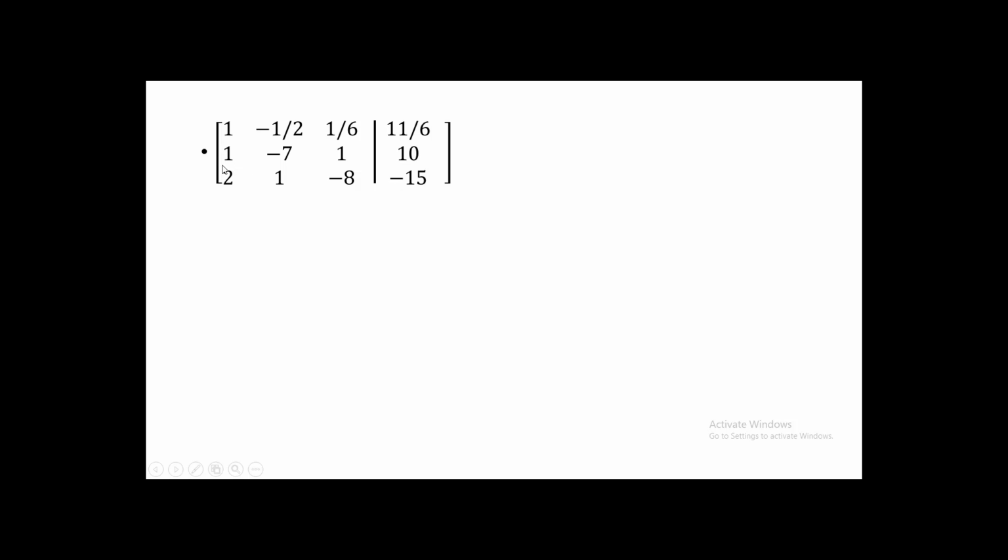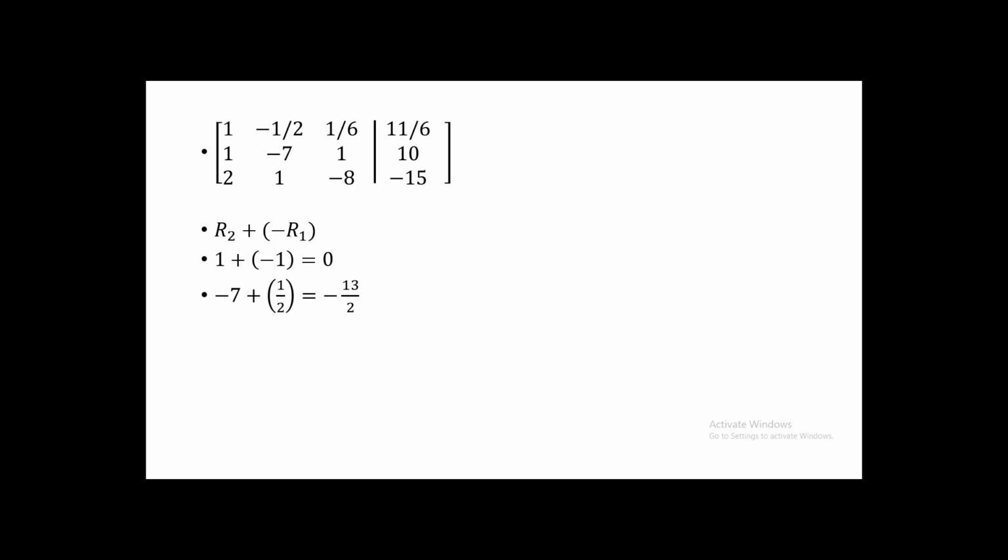This number should be 0, this number should be 0, so we need to apply some operations in order to make them 0. First, to make this one 0, the operation is applied on R2: R2 plus minus of R1. We multiply this row by minus 1 and add it, so that we get the desired answer. Let's say 1 plus 1 into minus 1 equals 0.